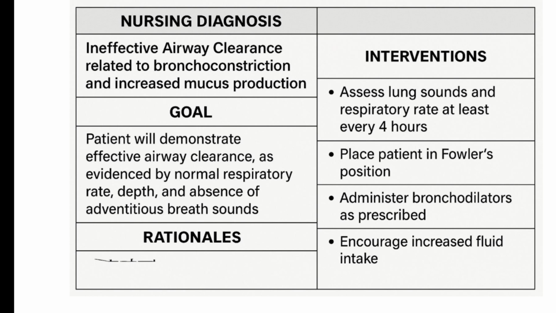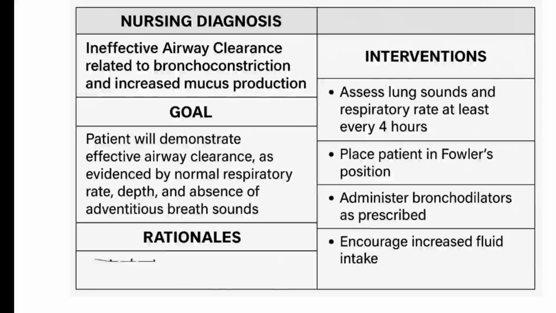So that can be the foremost nursing diagnosis. Other than that, related to ineffective airway clearance, we can write ineffective breathing pattern or impaired breathing pattern. Then we can write ineffective tissue perfusion related to lack of oxygenation, or bronchoconstriction, lack of movement of oxygen.